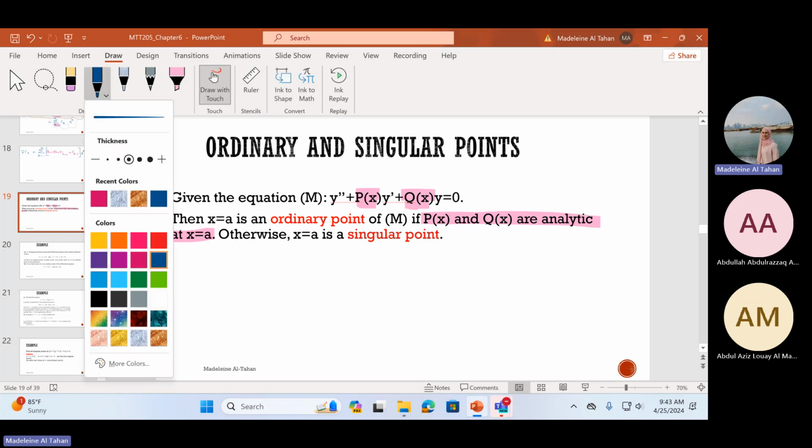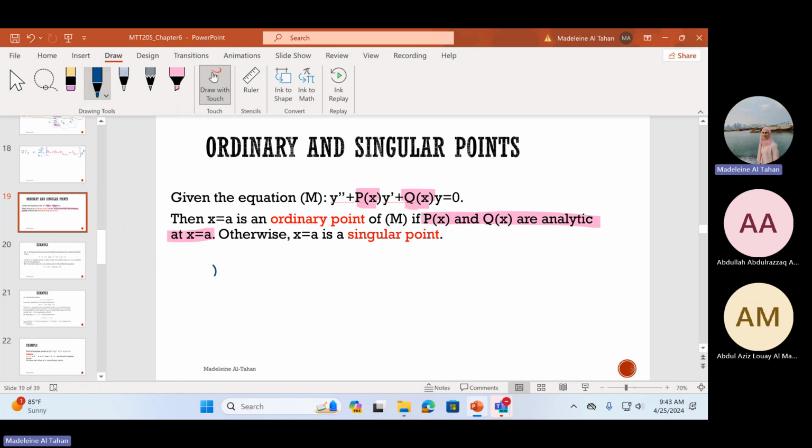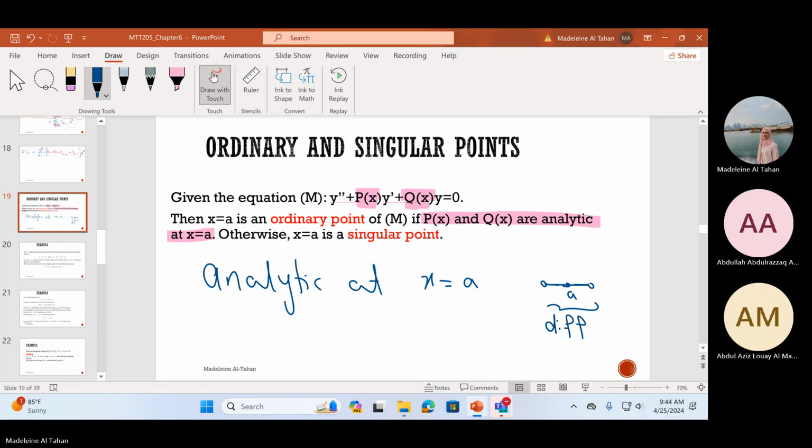At x equal a, it means that p of x is differentiable at a and in a neighborhood of a. What do we mean by differentiable? It has a derivative. So differentiable, what do we mean by it?